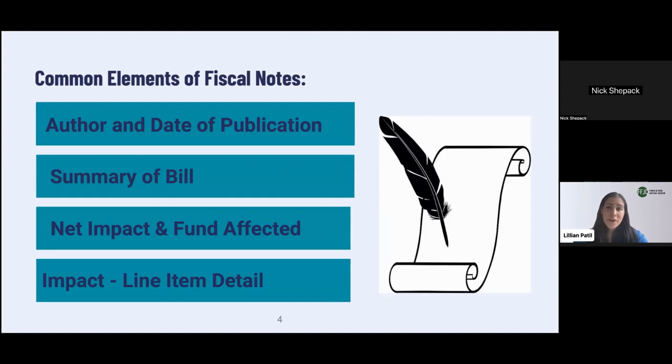And then lastly, hopefully, depending on how your fiscal notes in your jurisdiction are set up and designed, you will have some to a lot of line item detailed narrative. And this is really like the meat of the fiscal note, where you can start to look to really uncover all of those different layers of assumptions and choices and calculations by looking for clues in the narrative that tells you how each agency or each line item, how the fiscal estimate for that piece of the overall fiscal impact estimate was calculated.